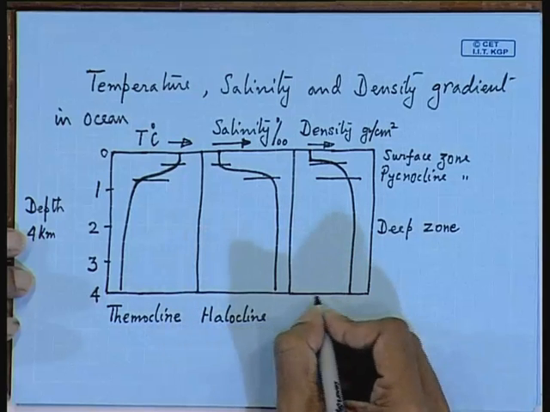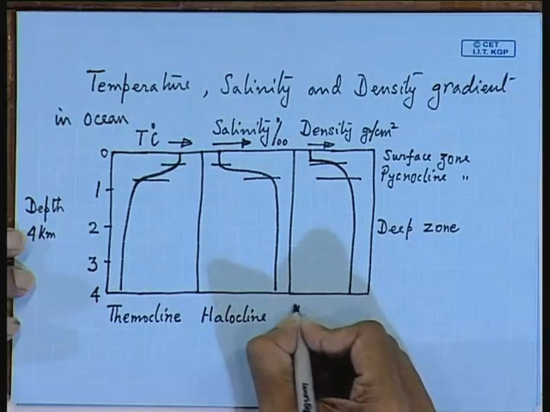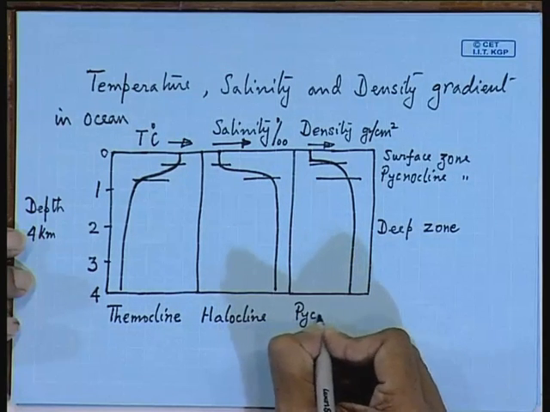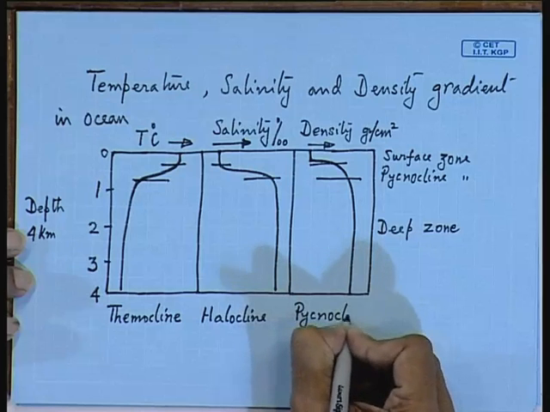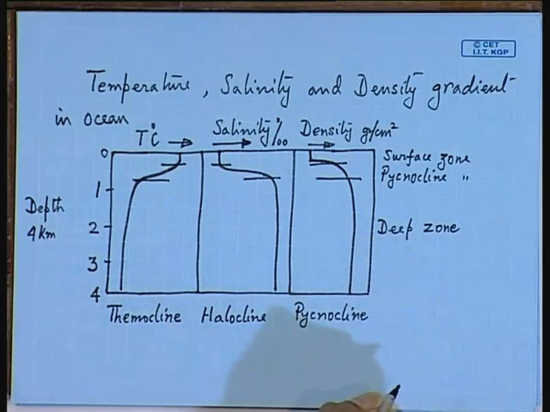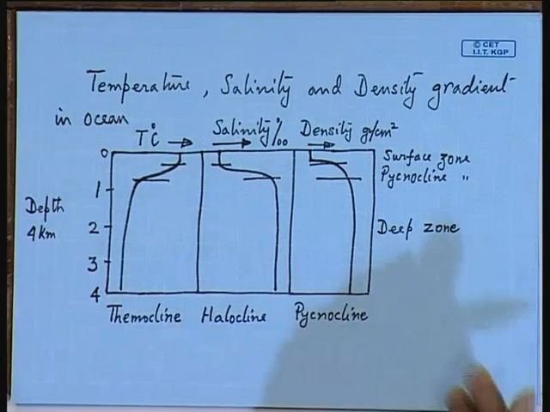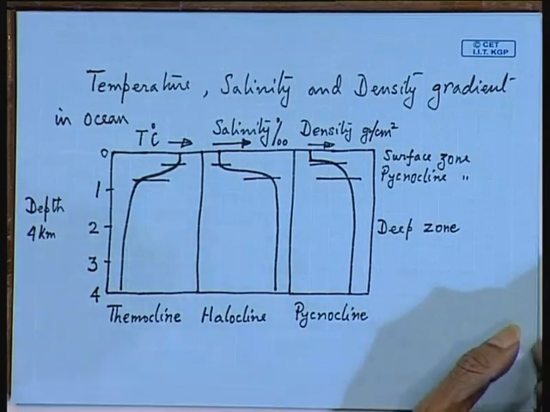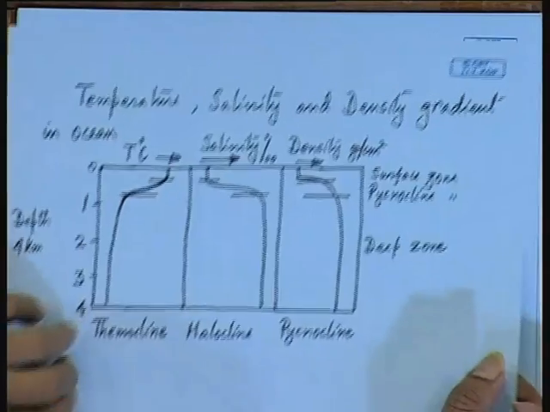The last one is, of course, the pycnocline. So, these are the three inclines, or the three graphs depicting changes in temperature, salinity and density. Now, your salinity is the main cause for change in the density of the ocean. Its variation you can see from the graph.